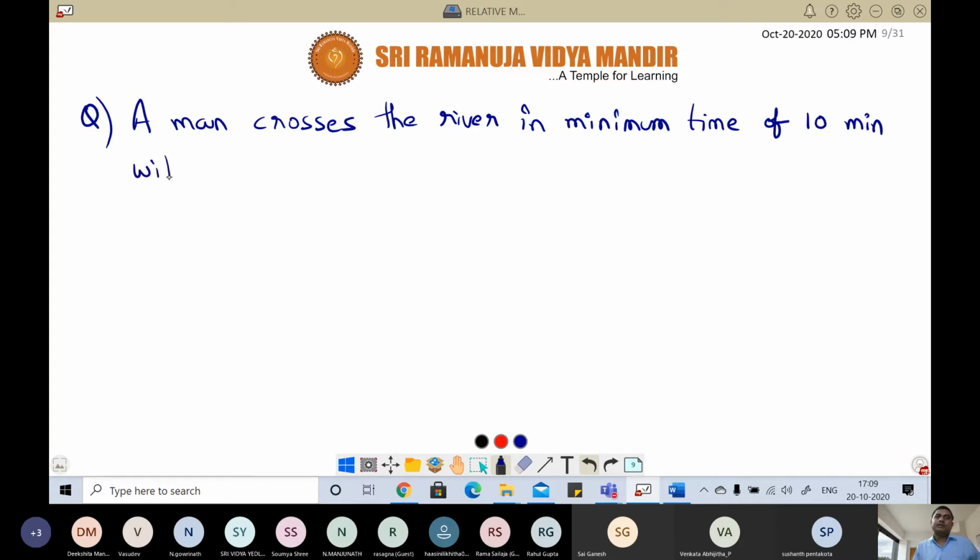When he crosses the river with minimum time, definitely there will be drift, and the drift is given as with a drift of 120 meters.